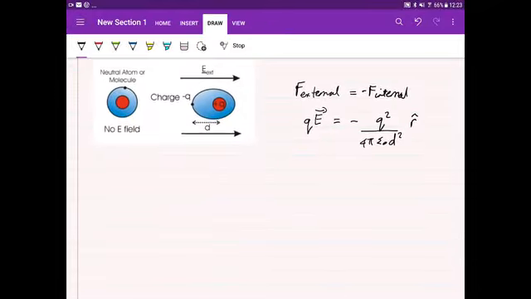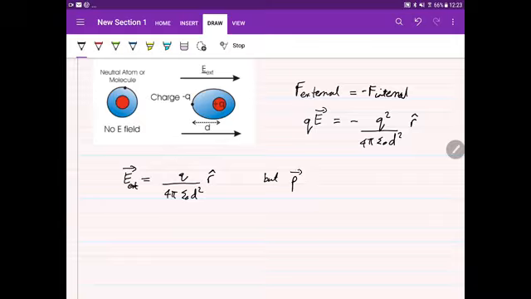If we just rearrange that slightly, we can cancel one of the Q's. We end up with the external electric field being equal to Q over 4 pi epsilon naught d squared, r hat. But as we saw earlier, we can define this vector called the dipole moment, which is equal to the charge times the separation of those two charges times the unit vector.